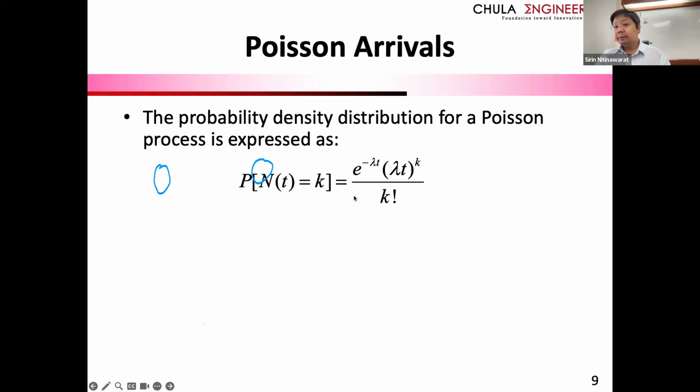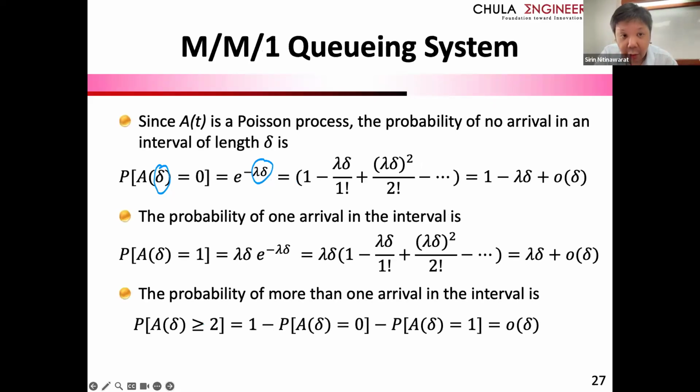Now, if you want to analyze, for a small interval, the probability that within an interval of size delta there would be no arriving customer, you just substitute k to be 0 in that formula. So what do you get? It's e to the minus lambda delta, because the other part becomes 1.